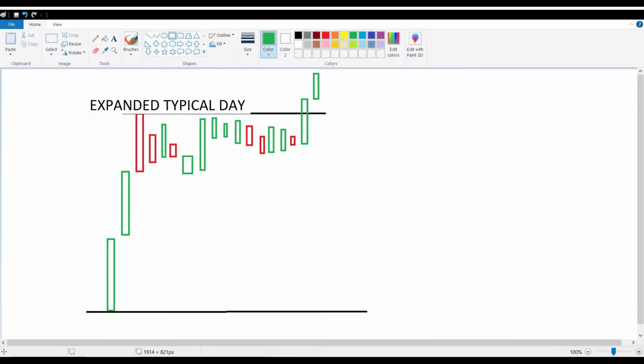If the price drops sharply and forms a typical day, then the expanded typical day would be said only when the price breaks the lower initial balance and moves lower to seek new value. Mostly, it is seen that the price breaks the initial balance and forms the expanded typical day in the very late hour of the trading day.